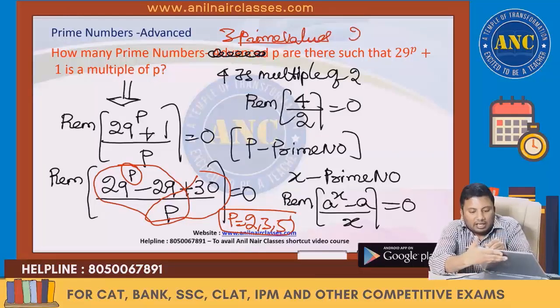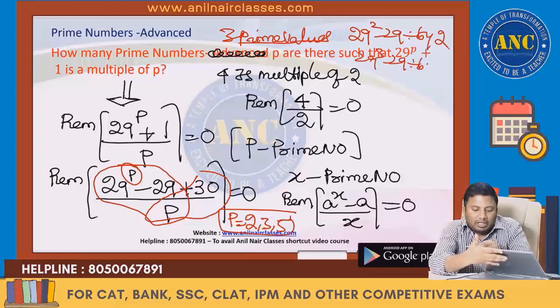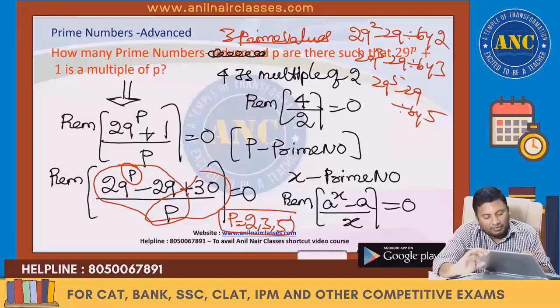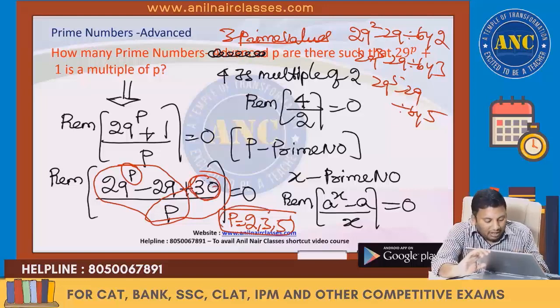Can I say that 29 power 2 minus 29 is divisible by 2? 29 power 3 minus 29 divisible by 3? 29 power 5 minus 29 divisible by 5. I hope it is clear. The entire expression should be divisible by p. That means p should be a prime factor of 30. Prime factors of 30 are 2, 3, 5.